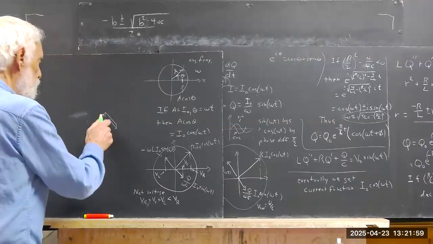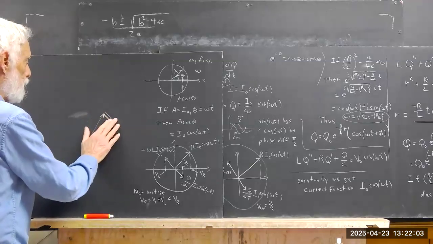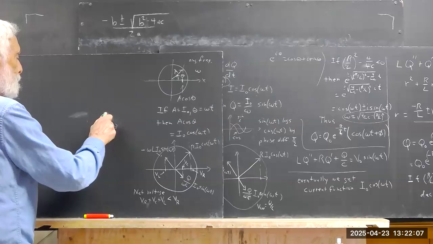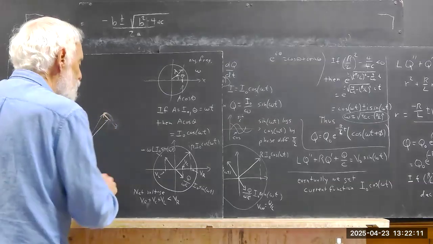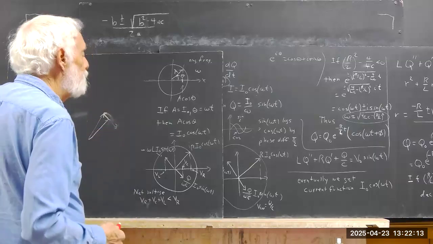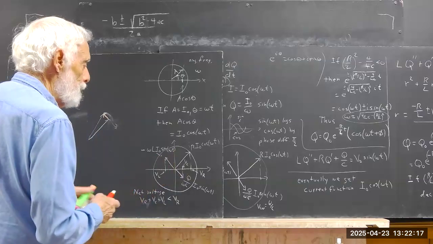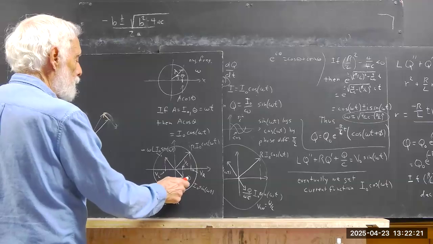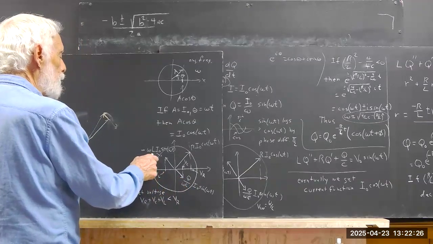So I can just take this vector, which is the difference of these two, and combine it with this. Now, what am I multiplying by I naught? Multiplying the resistance, multiplying Q over omega C, or multiplying negative omega L.